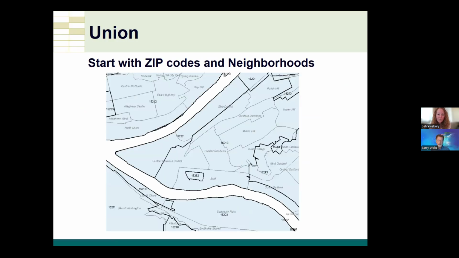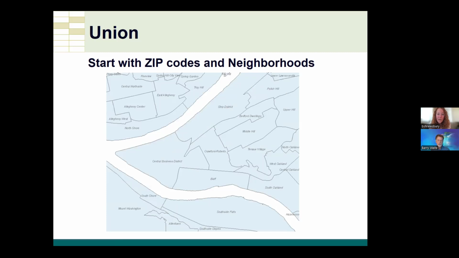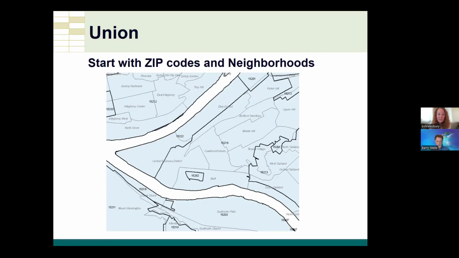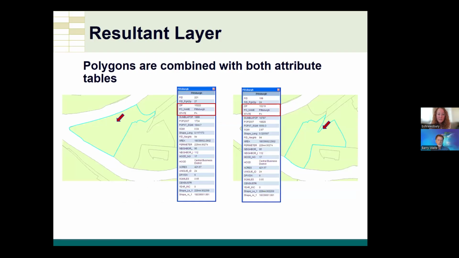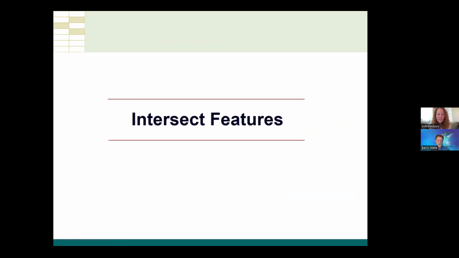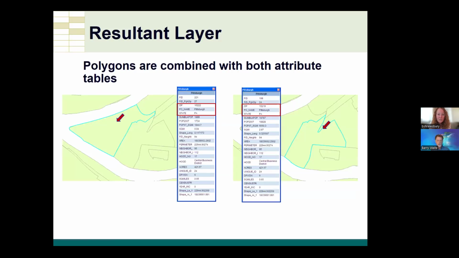So we can start with those and do the union with zip codes and neighborhoods. So here we go. Now if you click on it, you get the zip code and you get the neighborhood. No extra charge. Good stuff.